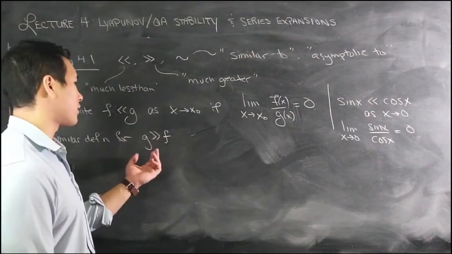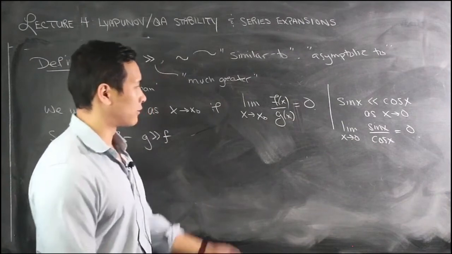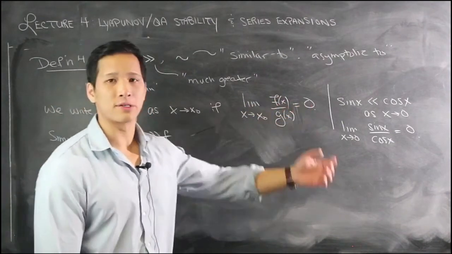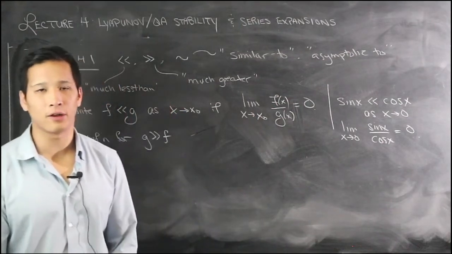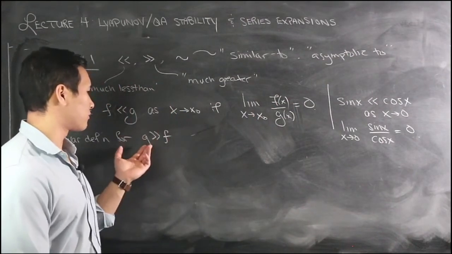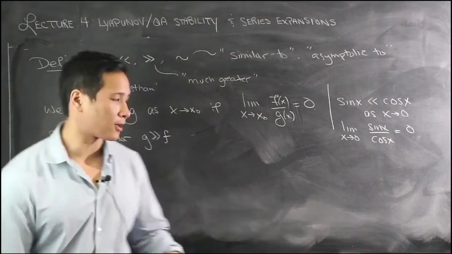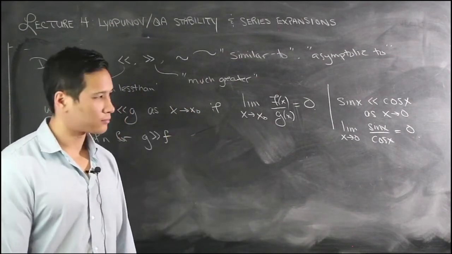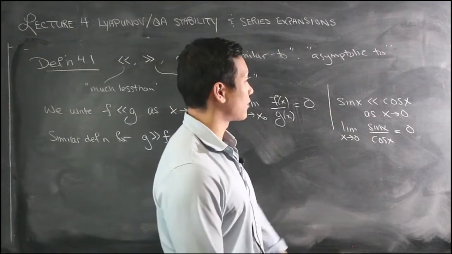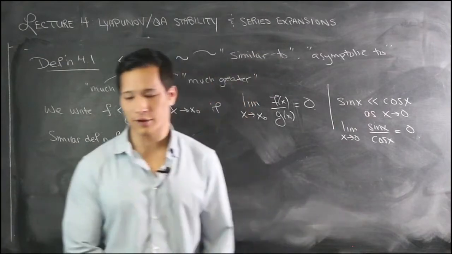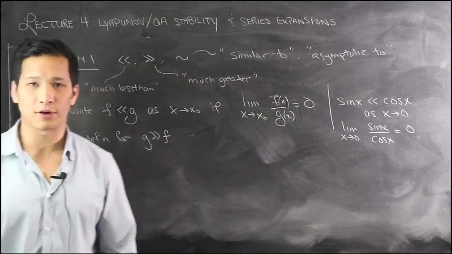So I can define it as g is much greater than f if the limit as x tends to x naught of g over f is equal to plus or minus infinity. Or you can just define it as g is much greater than f if f is much less than g. And then you have the above definition. Okay, so the same thing applies here. You'd say that the cosine function of x is much greater than the sine function of x as x tends to 0.